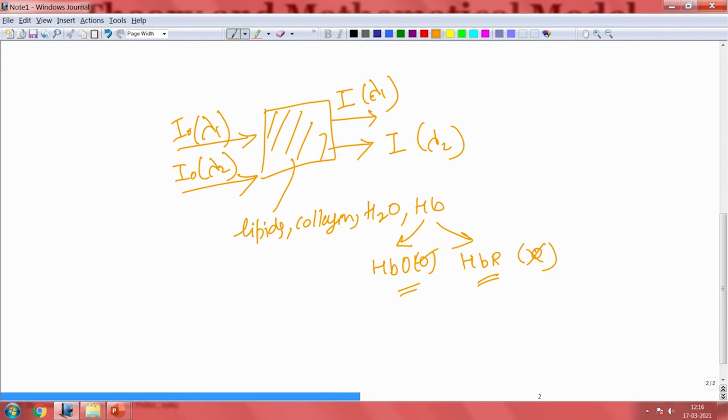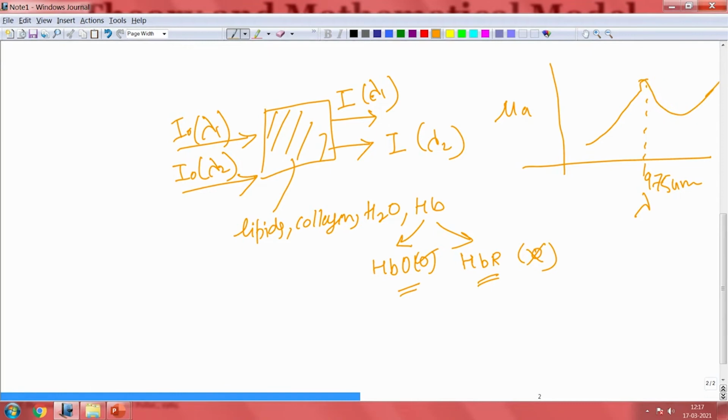For example, if you now draw the wavelength as a function of absorption, or mu a, what you observe is that for water the peak will rise somewhere at 975 nanometers, and then it reduces and finally increases after that wavelength.